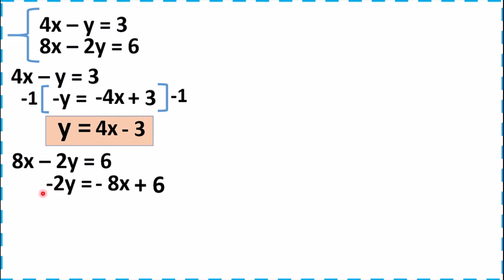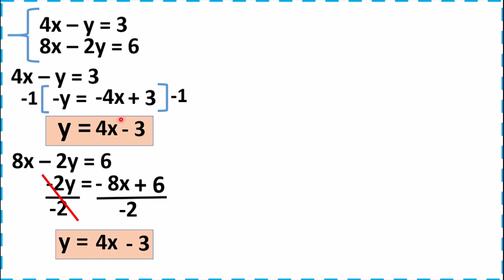Okay, then, divided by negative 2, same sa right side, divided by negative 2. So, we have negative 2 divided by negative 2, so we have positive 1y, or positive y is equal to, so negative 8x divided by negative 2, so we have positive 4x. Then, positive 6 divided by negative 2, we have minus 3 or negative 3. Okay, so yung slope natin ay positive 4, yung y-intercept ay negative 3.